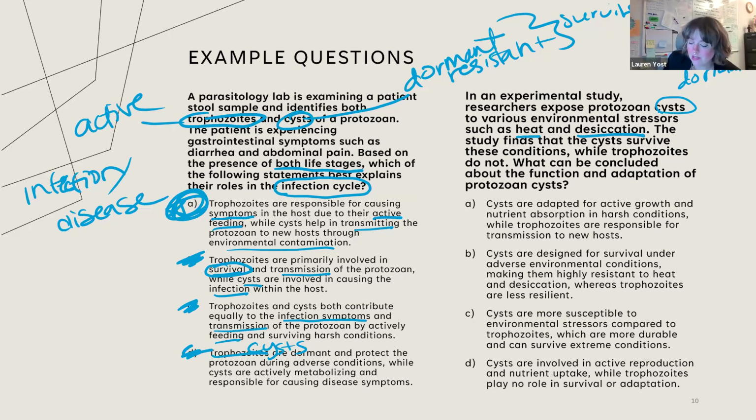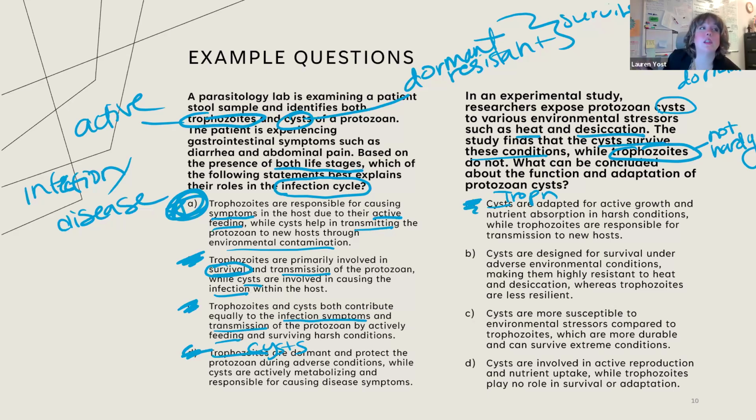The study finds that the cysts survive these conditions, while the trophozoites, which are not hardy, not dormant, but are active and free living and multiplying, do not. What can be concluded about the function and adaptation of protozoan cysts? A: Are cysts adapted for active growth? No, that's trophozoites.